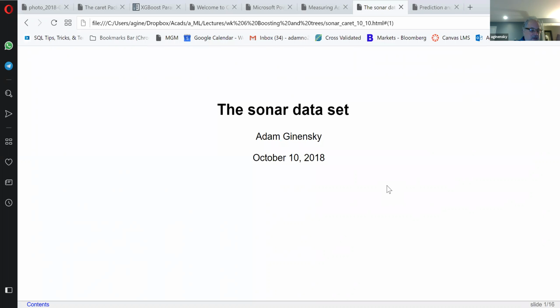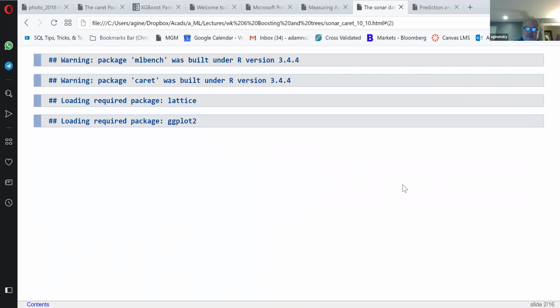For many years it has been the de facto package for analyzing models. The main reason is that it provides a good interface and standardizes so many things. I just loaded caret and mlbench, which is where the Sonar data set is.